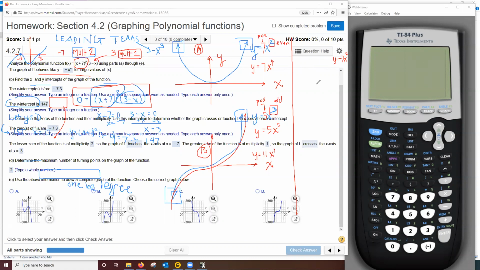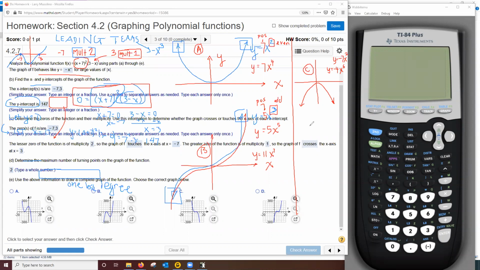So -7x squared is going to take the graph and flip it upside down like this. And again, it would be the same thing if this graph happened to be y equals -4x to the 6, let's say. It would have the same general shape. So if you have an even degree and the coefficient is a negative number, it's going to follow this pattern like I'm drawing here in graph C.